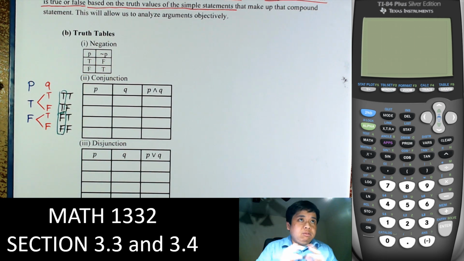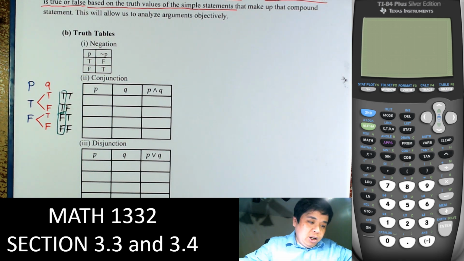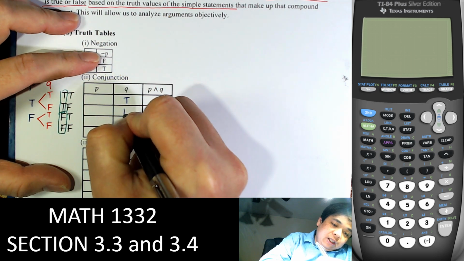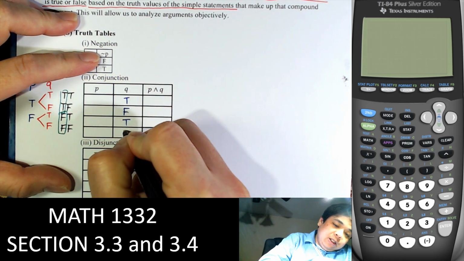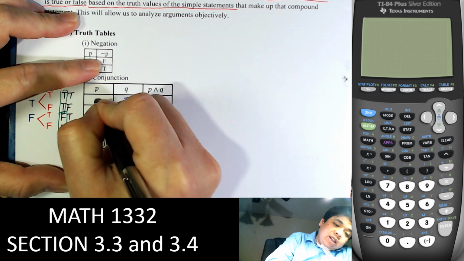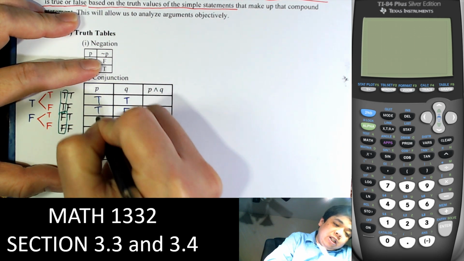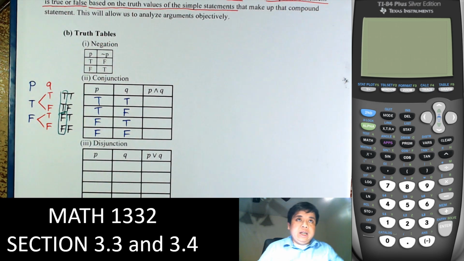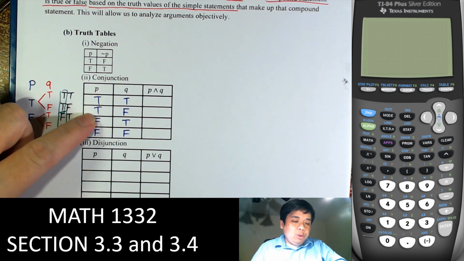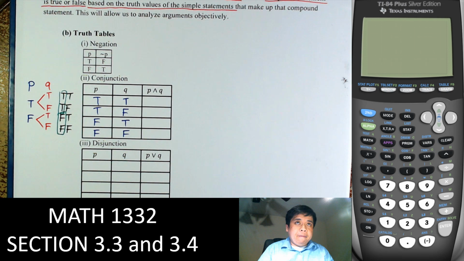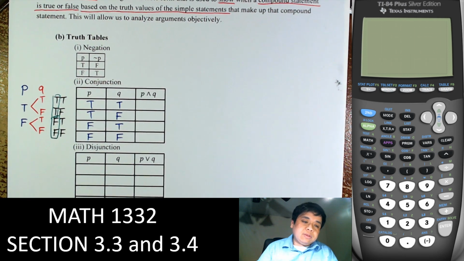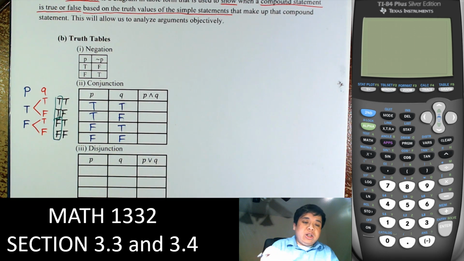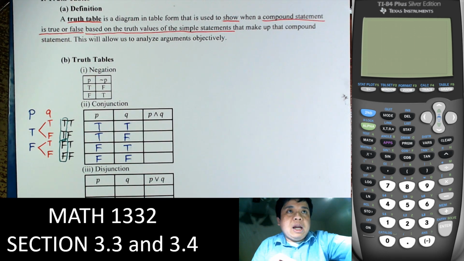So I will go with true false alternating here, and before that it will be alternating for every two of them. Right. So that's how we list all the scenarios for the simple statements.